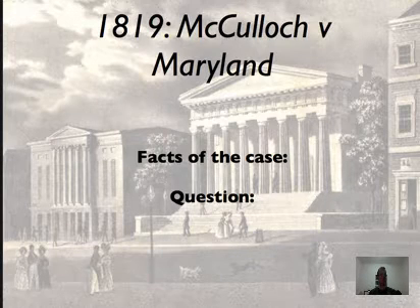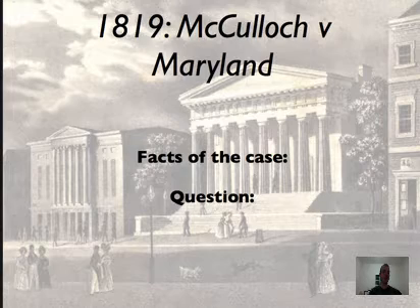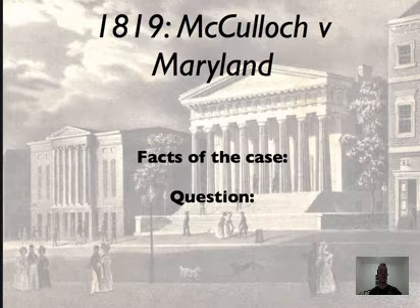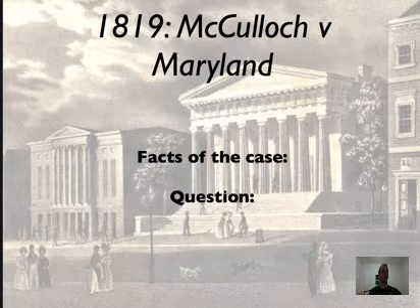One of the cases that's going to involve this interpretation of the Constitution takes place in 1819, and it's McCulloch versus the state of Maryland. After Congress created first the Bank of the United States and then the Second Bank of the United States, there are several states, including Maryland, which opposed the creation of a national bank.